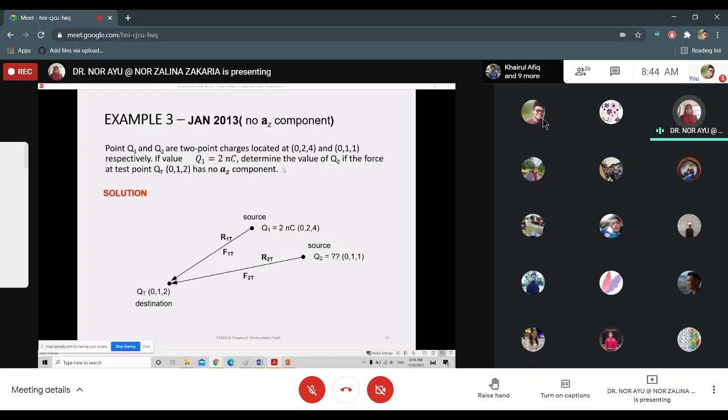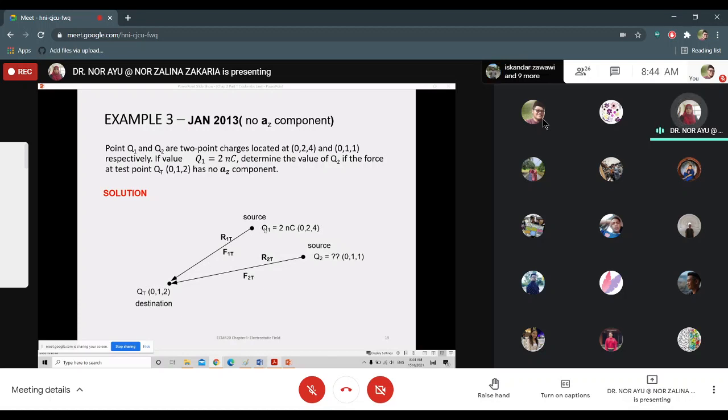So what you have to do is do it the same way using Coulomb's law, where you need to use F1t, because we need to find it here, right? So F1t equals Q1 Qt divided by 4 pi epsilon R magnitude, the equation.